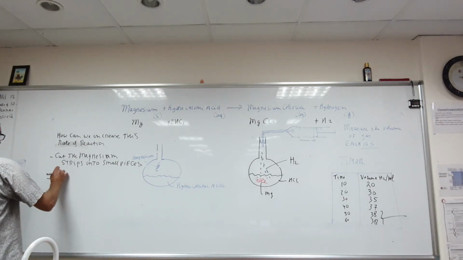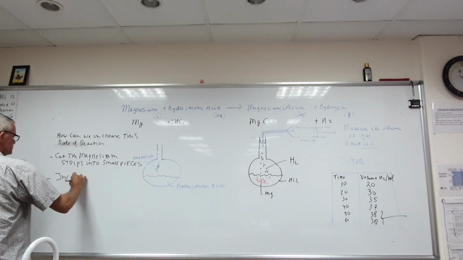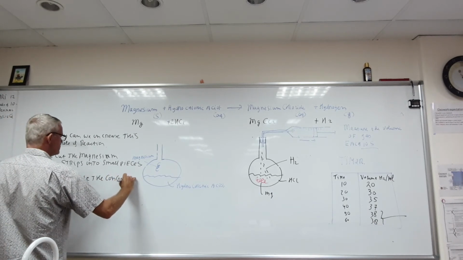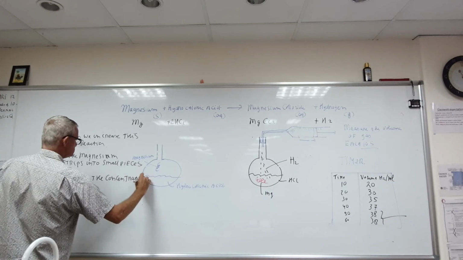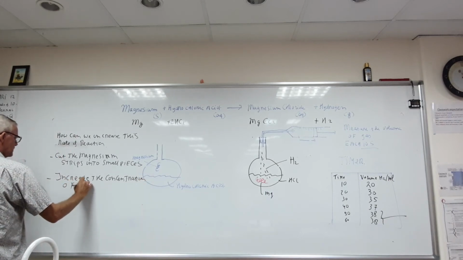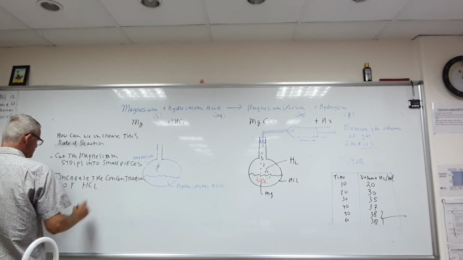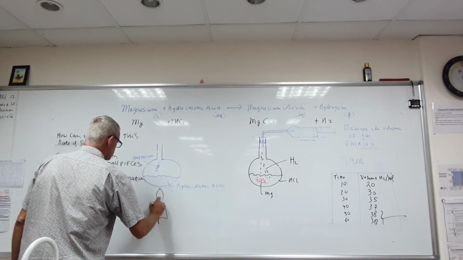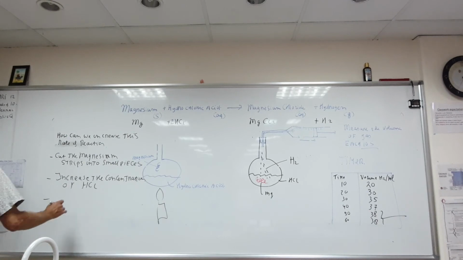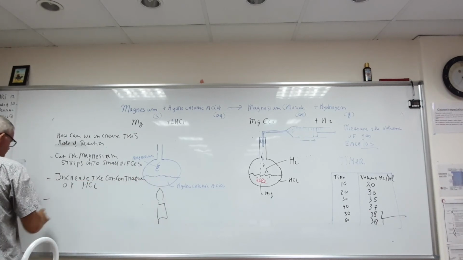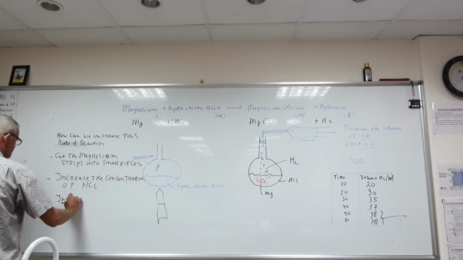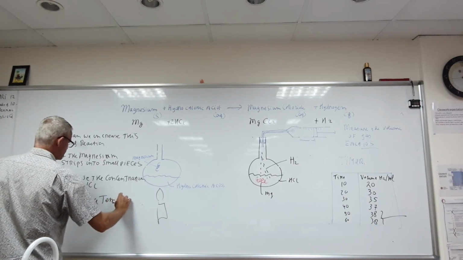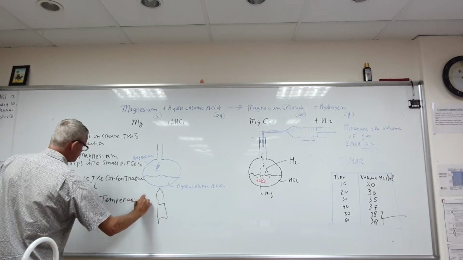Or we can increase the concentration of HCl, the hydrochloric acid, or we can put a Bunsen burner or our heating plate and increase the temperature. Okay?